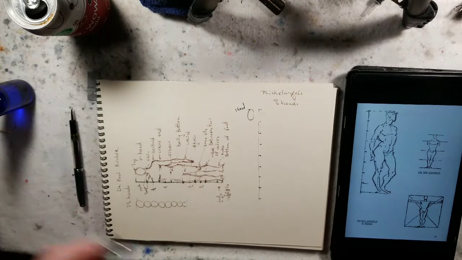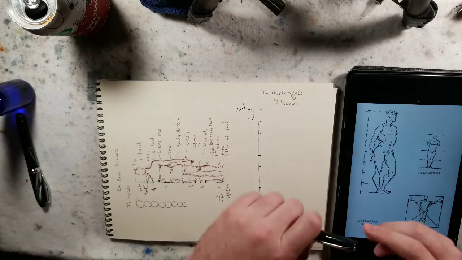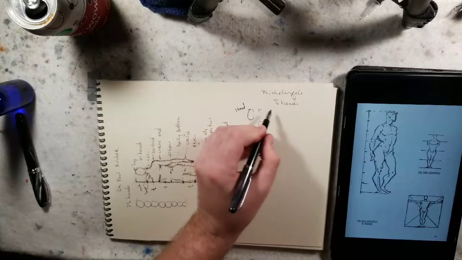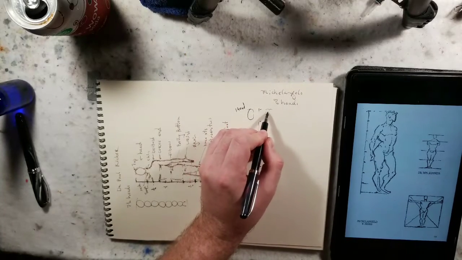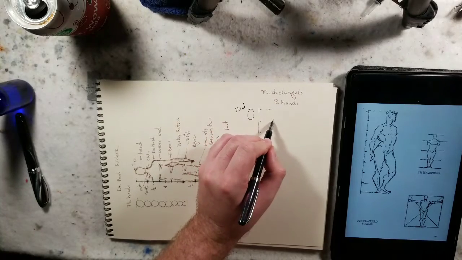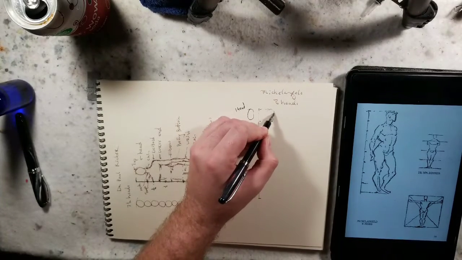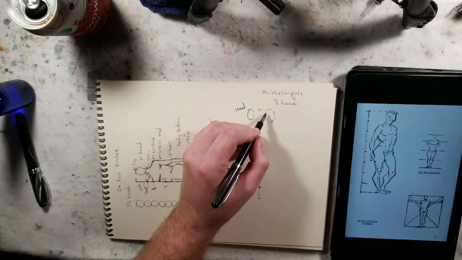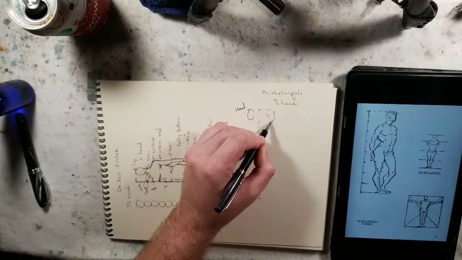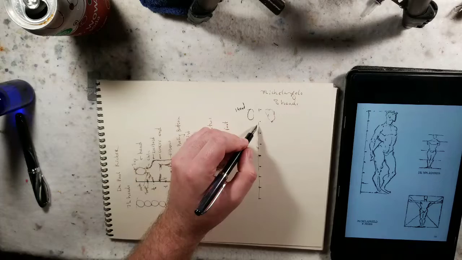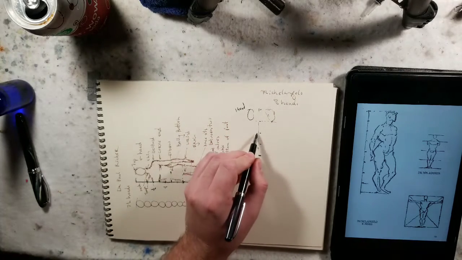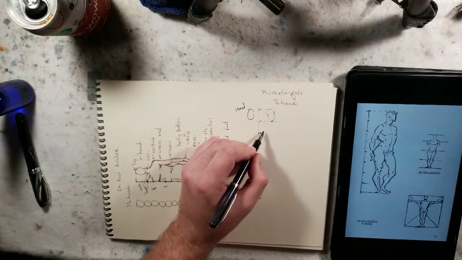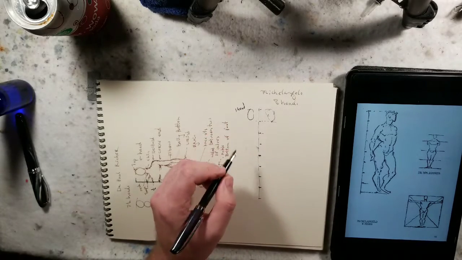Now, this figure is posturing. I'm going to try to line this one up. Now, it seems like the chin is about here. Okay, so the one head. Then the second one is the deltoid.